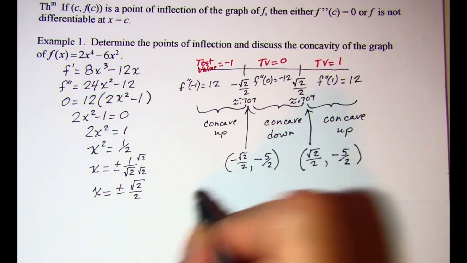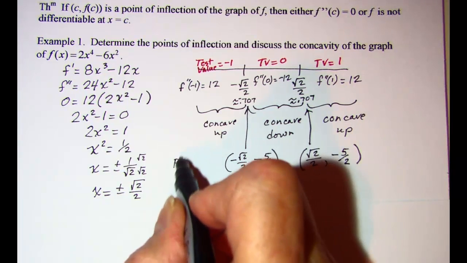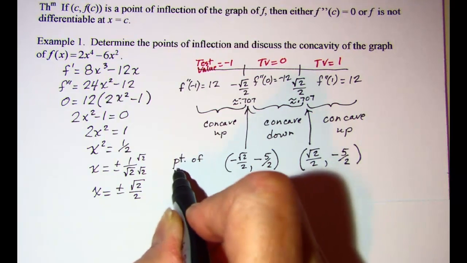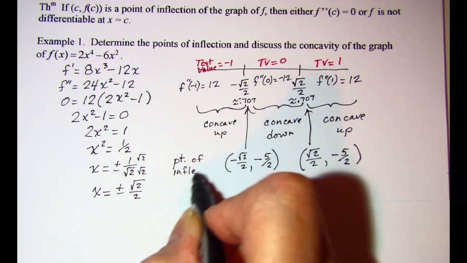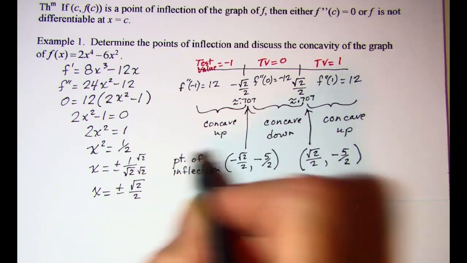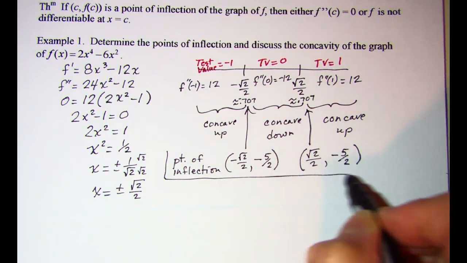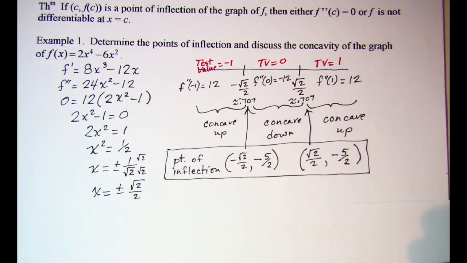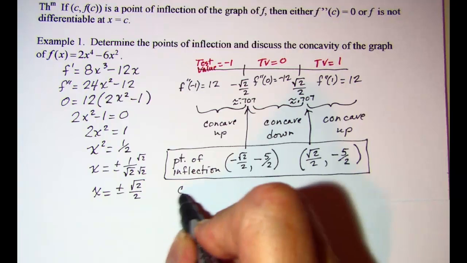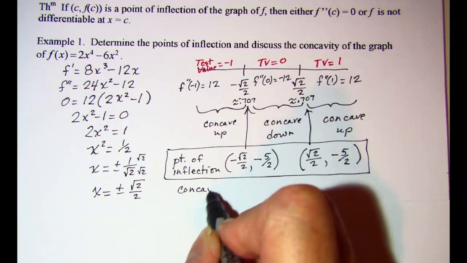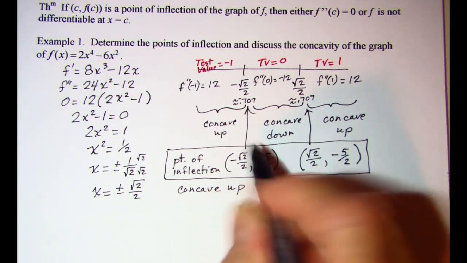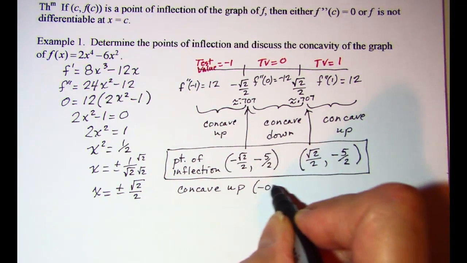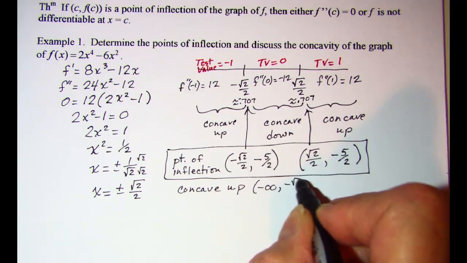So these are my points of inflection. And I have concave up from negative infinity to negative root 2 over 2.